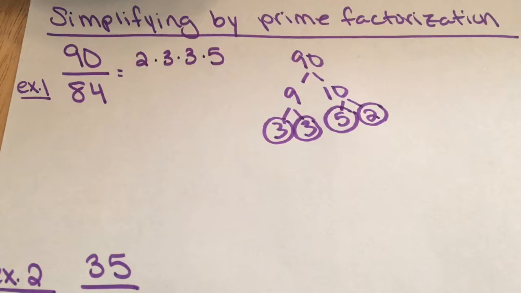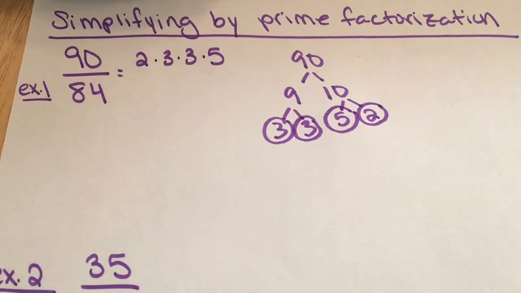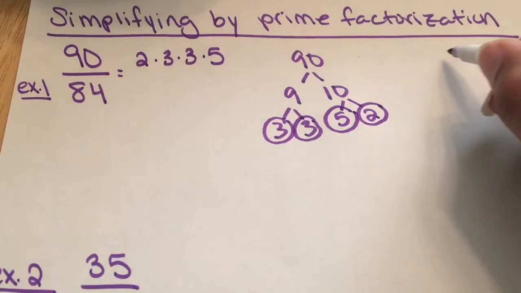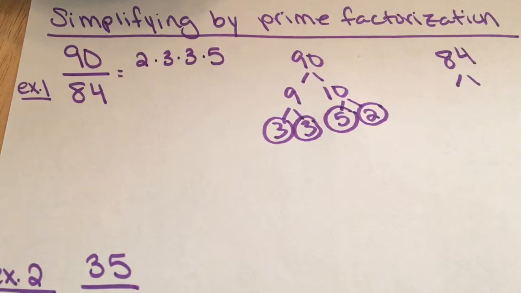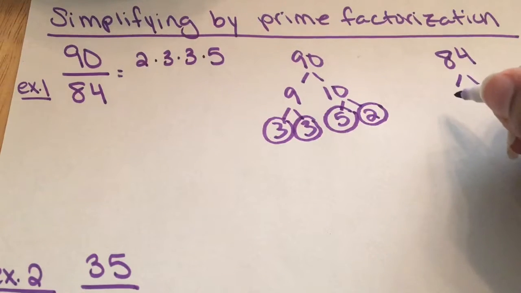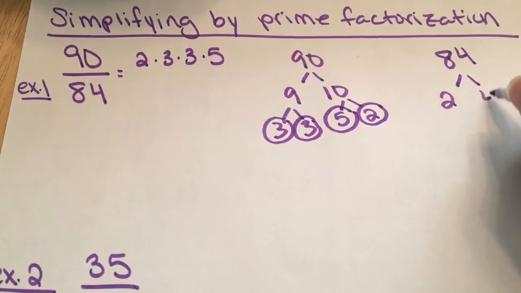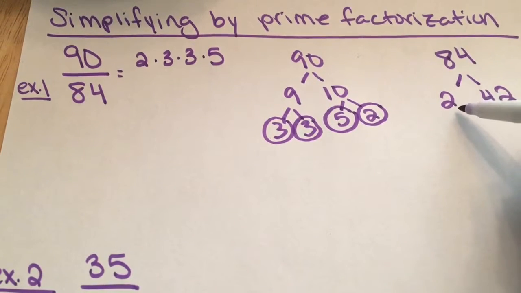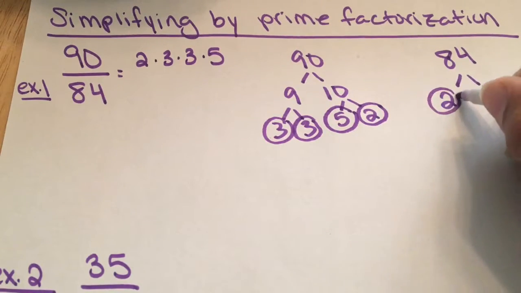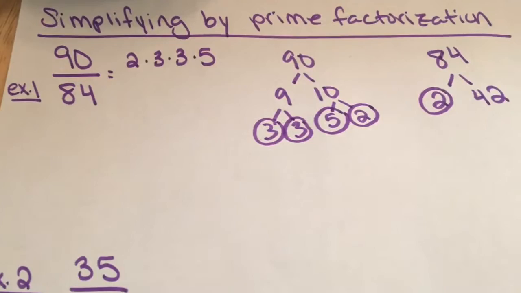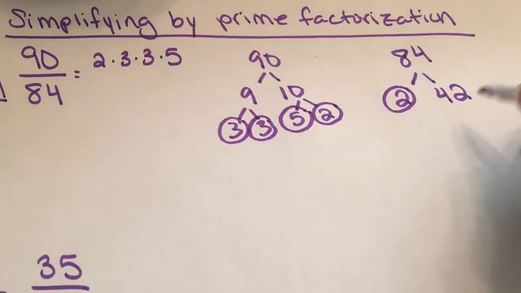The next thing I want to do is find the prime factorization of that denominator, that 84. So I'm going to do the same thing that I did. I know 84 is not a prime number, so easily I can multiply 2 times 42. My factors of 2 are 1 and 2, therefore I know 2 is a prime number, and I'm going to circle it. 42 has a couple of factors.